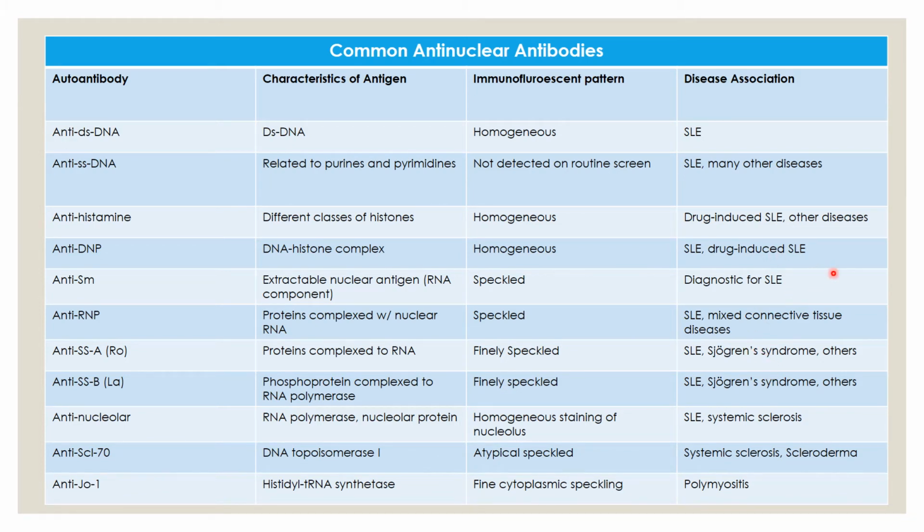So you're probably going to be running more than one of these on your patient in order to hone in on your diagnosis. When your doctor orders all of them, they're not being a brat. They really are trying to fine-tune their diagnosis to see exactly what parts of the nucleus are offensive to their patient. By far, the one they're probably going to look for first is the anti-double-stranded DNA. That is highly associated with SLE, and it's not as closely associated with some of the other ones.